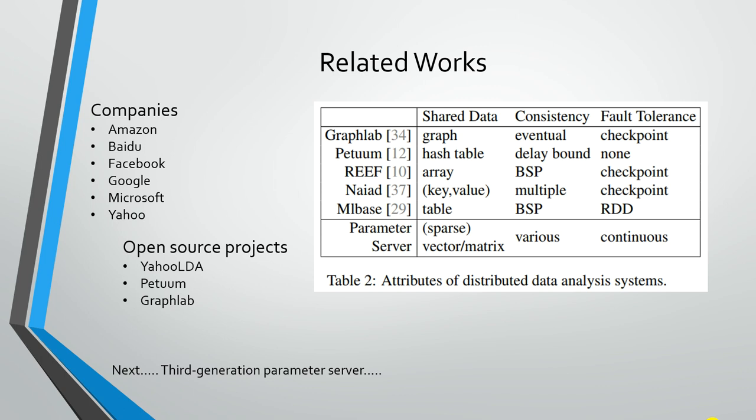You can see that in the large row is the parameter server. Consistency is in the middle column, and fault tolerance is the last column. So if I move on to the next slide, I'm going to talk about the parameter server generations.